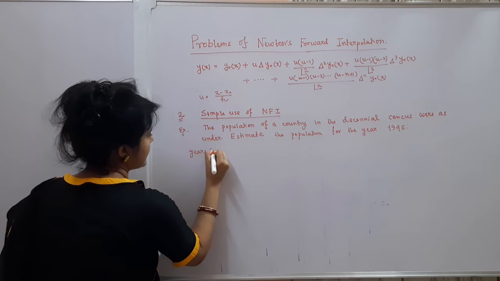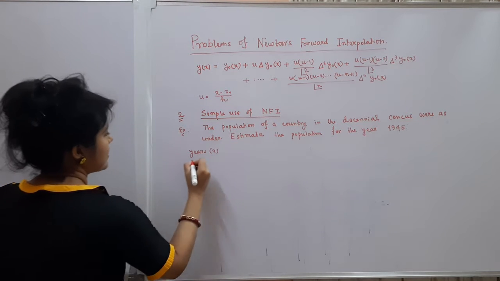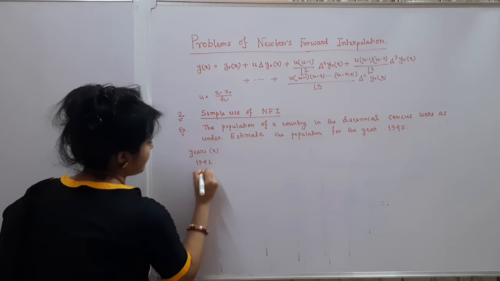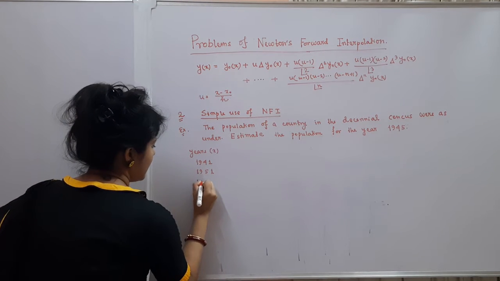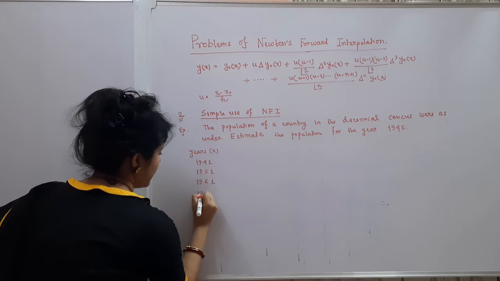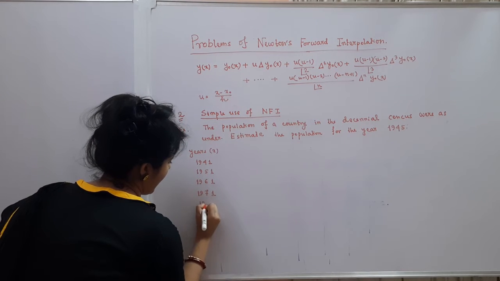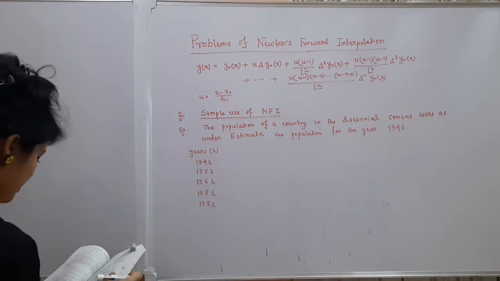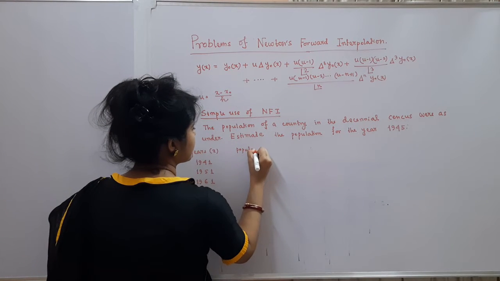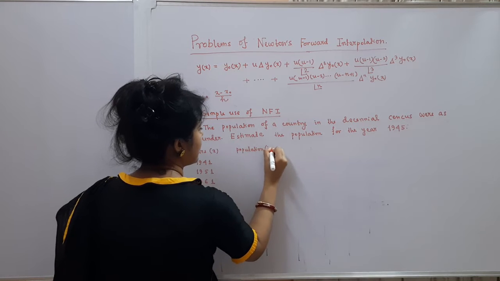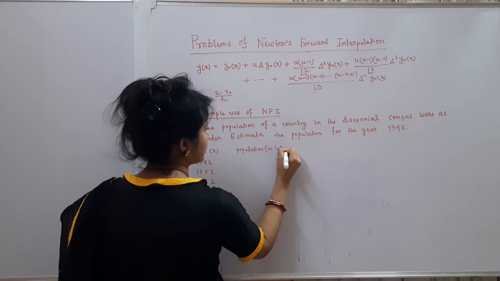So years, that is x, these are given here like that: 1941, 1951, 1961, 1971 and finally 1981, and the population in lakhs actually.